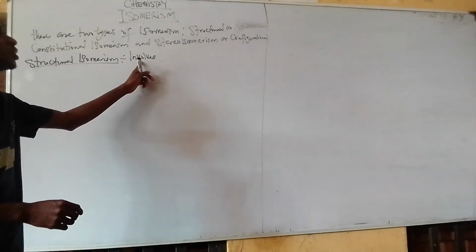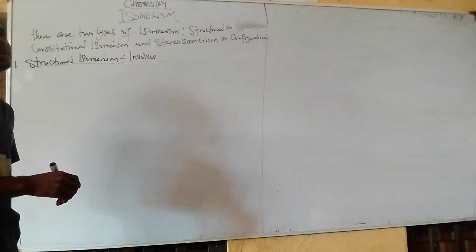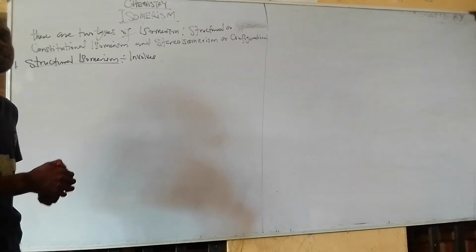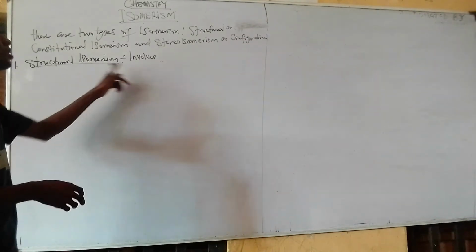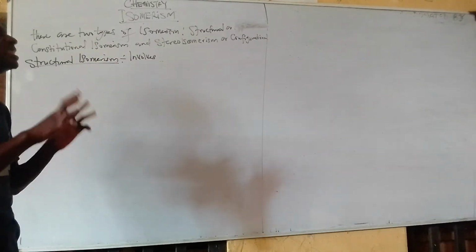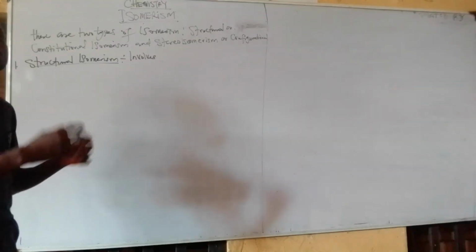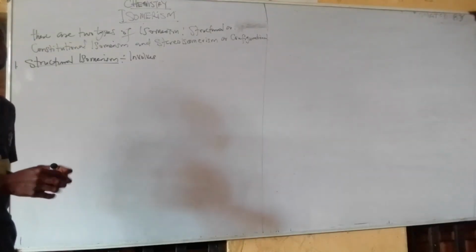That is to say, structural isomerism involves producing two or more compounds with different structure. Two or more compounds with different structure are different compounds with the same molecular formula.